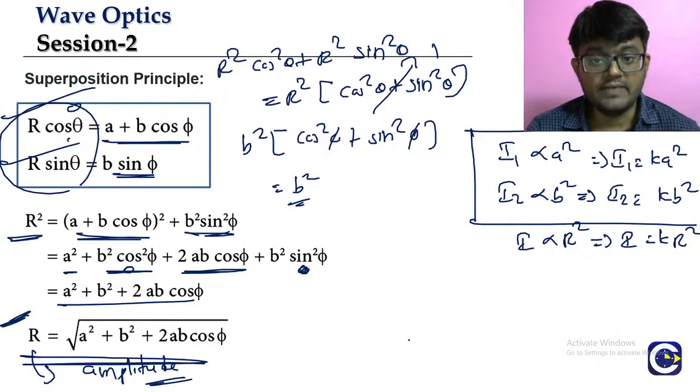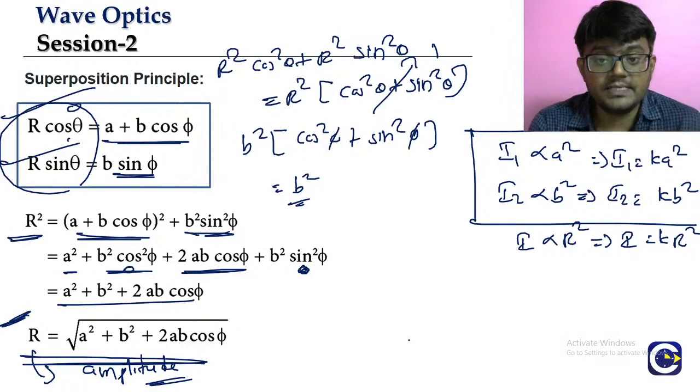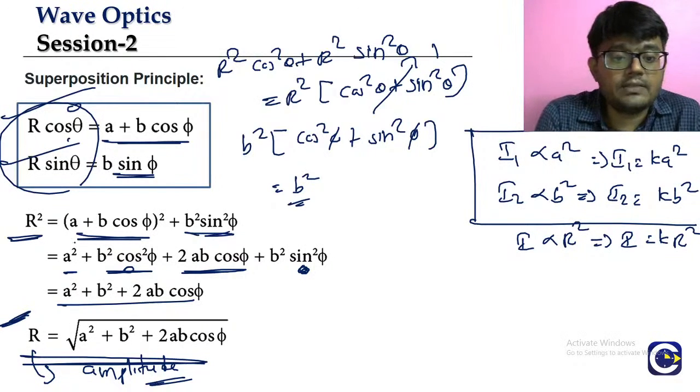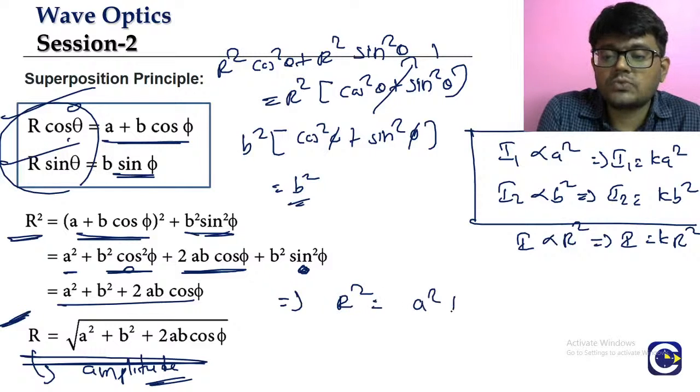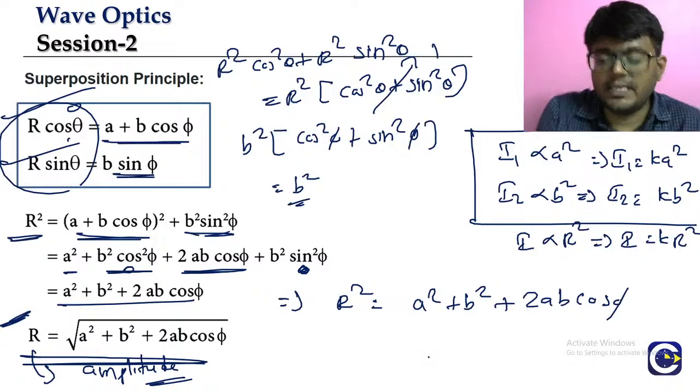Now we have to find the I value, the resultant wave intensity, in terms of I1 and I2. For that, look at this now. We have R square is equal to A square plus B square plus 2AB cos phi.